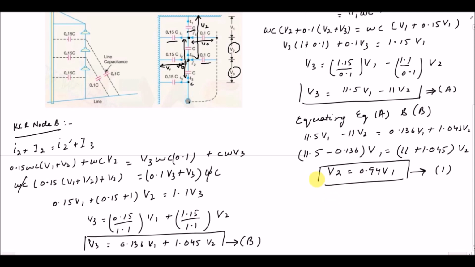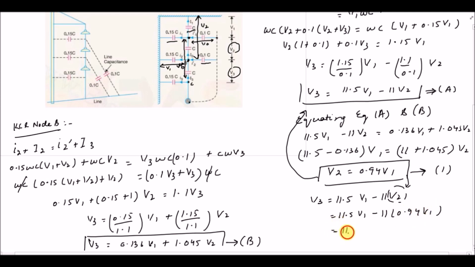Now if I put this value in equation A, then V3 will become 11.5 V1 minus 11 V2. Replace this V2 value with equation 1. So that will become 11.5 V1 minus 11 into 0.94 V1.